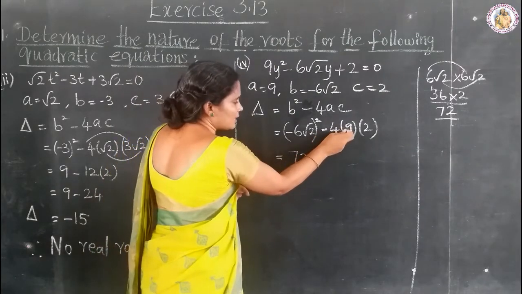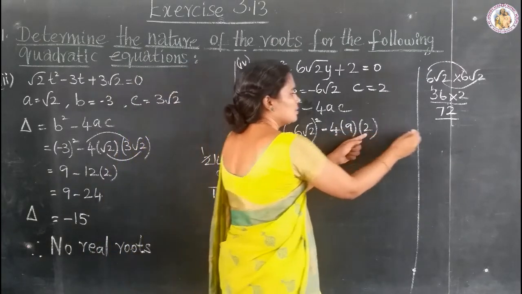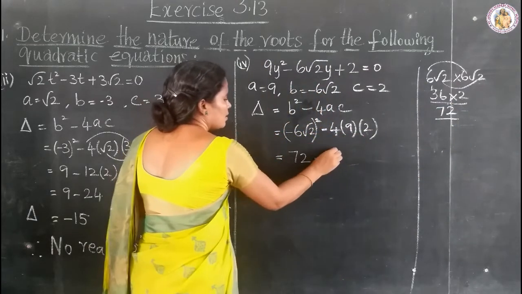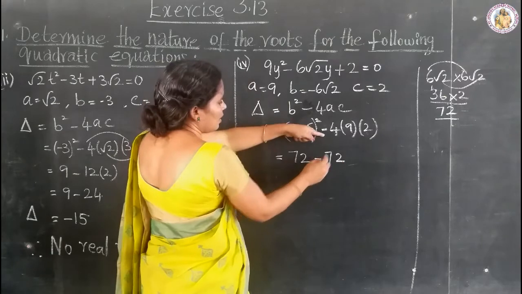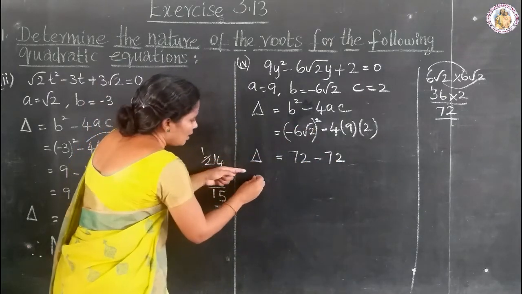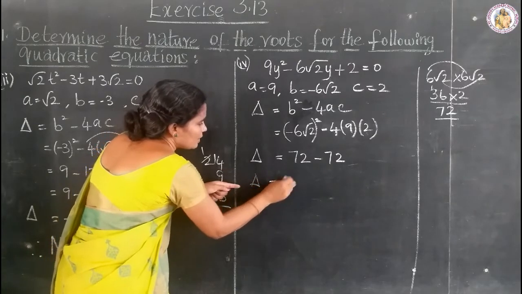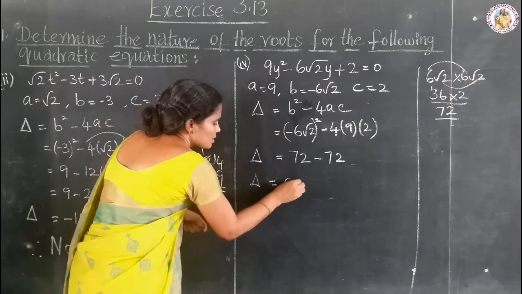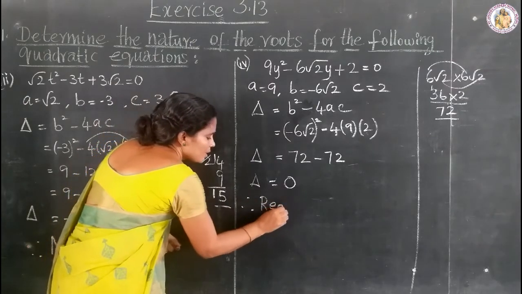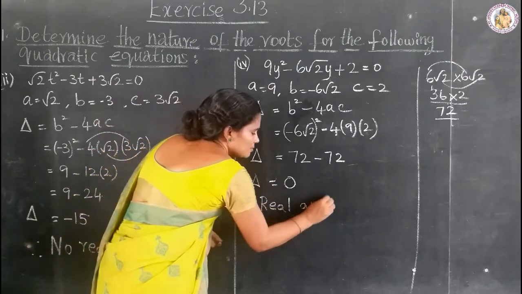Minus 9 4s are 36. 36 into 2, 72. So the discriminant is 0, and the roots are real and equal.